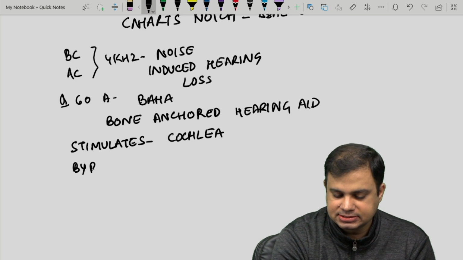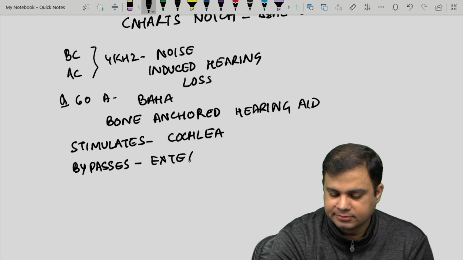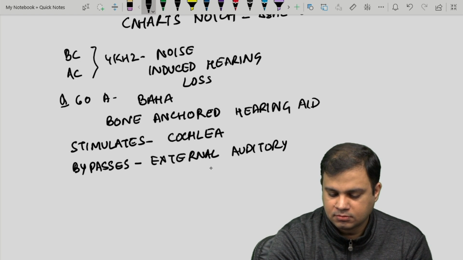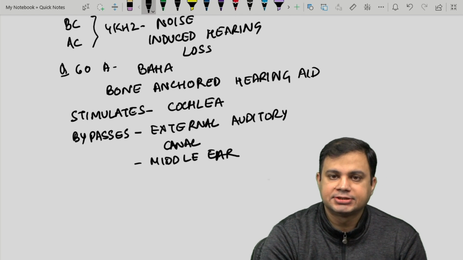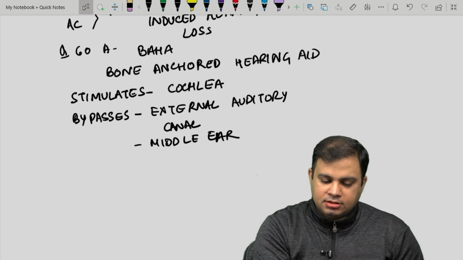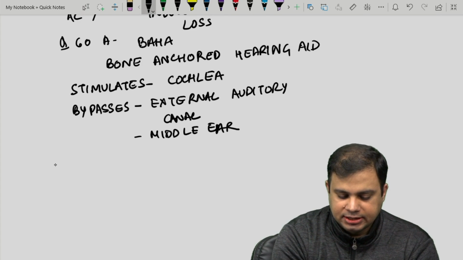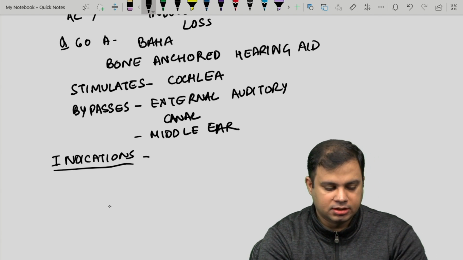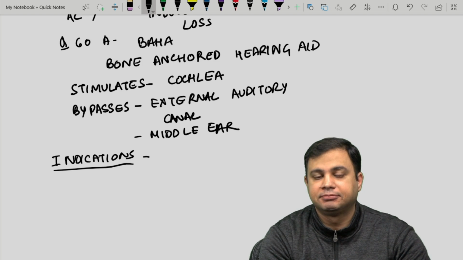It bypasses the external auditory canal and the middle ear. So, coming to indications of BAHA, what will be the indications of BAHA? Think about conditions of the external auditory canal and the pinna.